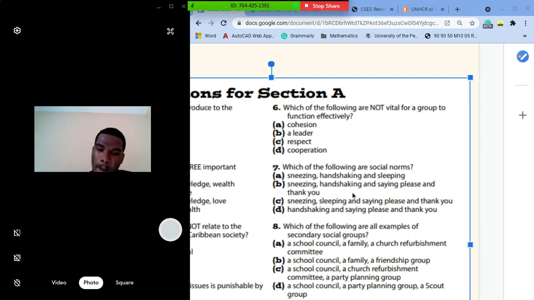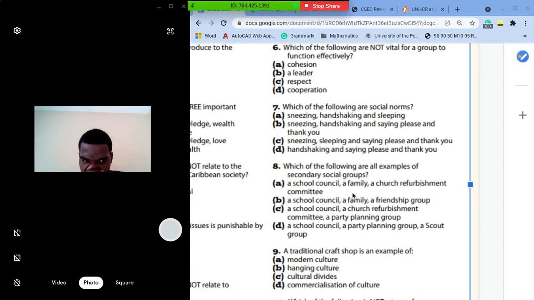Alright, question 8. Which of the following are examples of secondary social groups? This one goes to Tristan. Secondary social group.